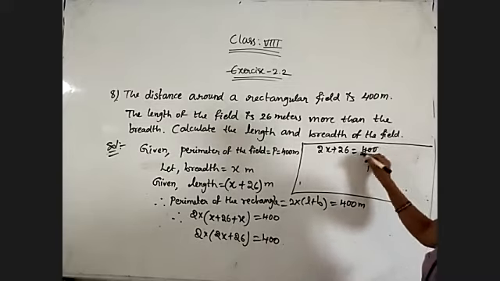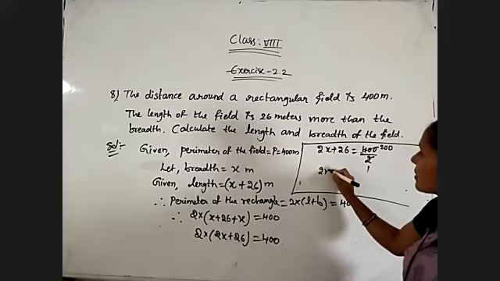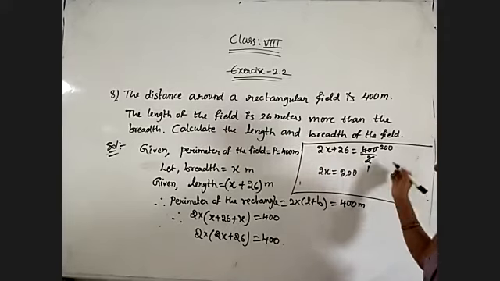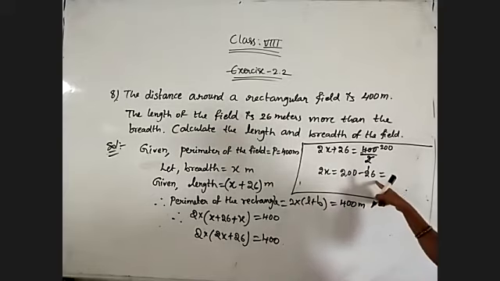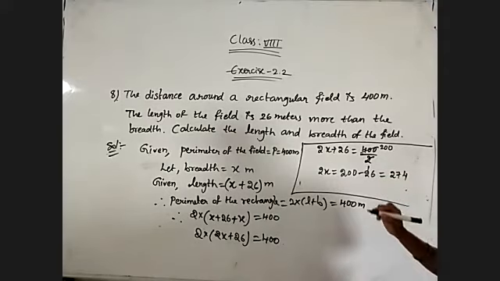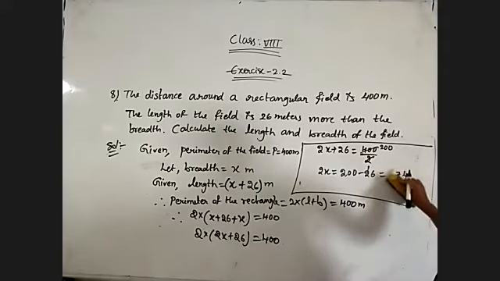So 2 ones are 2, 200. 2x is equal to 200. This 26 will become minus 26. So which is equal to 200 minus 26. What will be the answer? 274. Okay, sorry, 174.